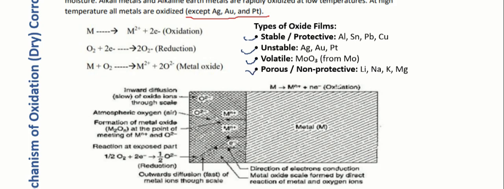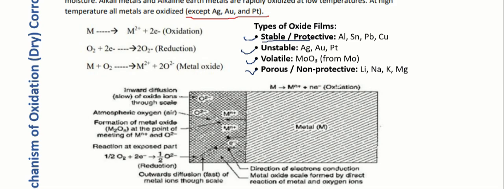In reactive metals like lithium, sodium, potassium, and magnesium, the oxide layer formed contains cracks and pores. Because oxygen can easily penetrate through these pathways, the metal continues to corrode until it is fully converted into oxide. This is why sodium metal is always stored under kerosene to prevent contact with air.